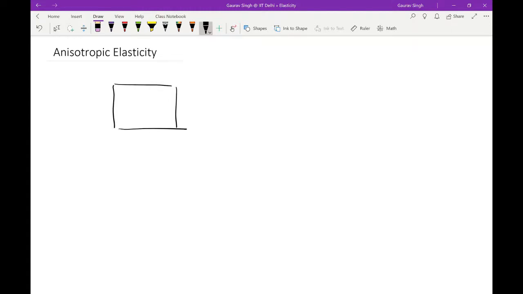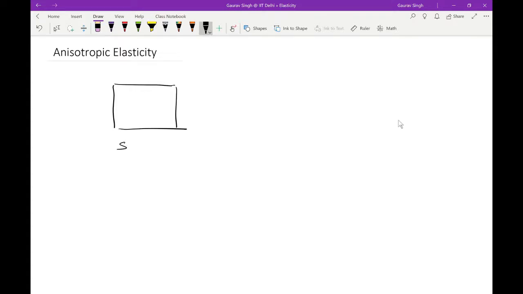the most general case would be that the elastic response along any two directions would be different from each other. However, it is found that many times there is some sort of a symmetry in most of the solids which are occurring, and that gives us an advantage to somewhat simplify or ease our application of linear elasticity.